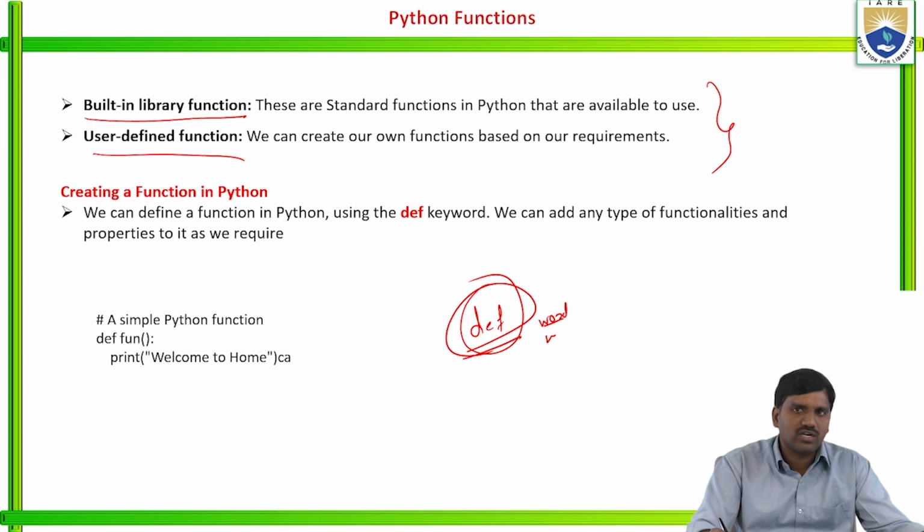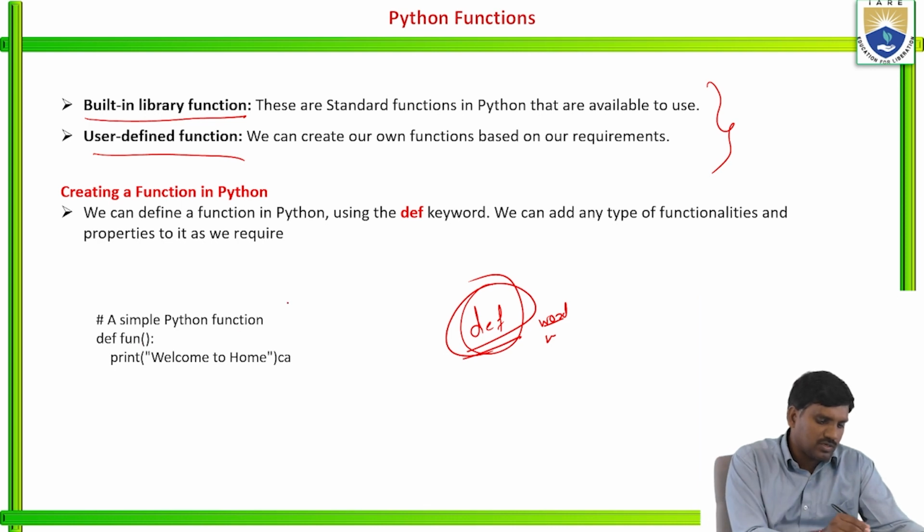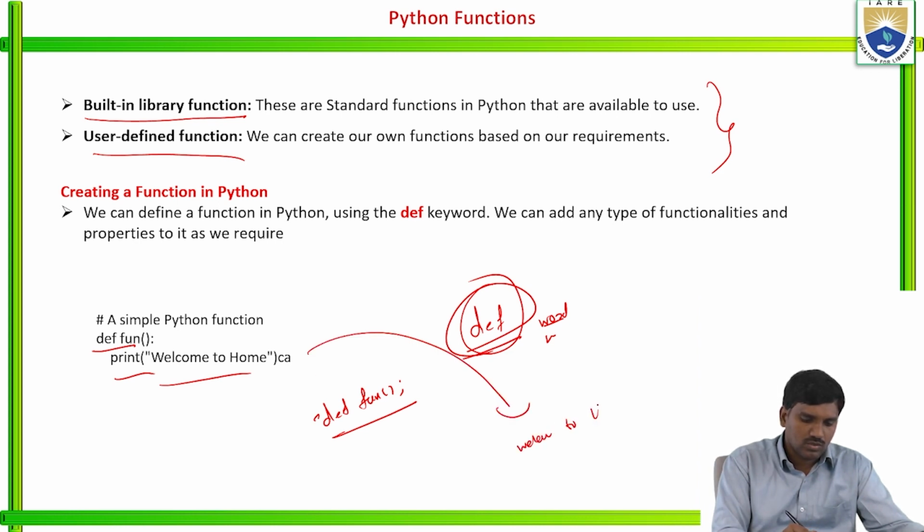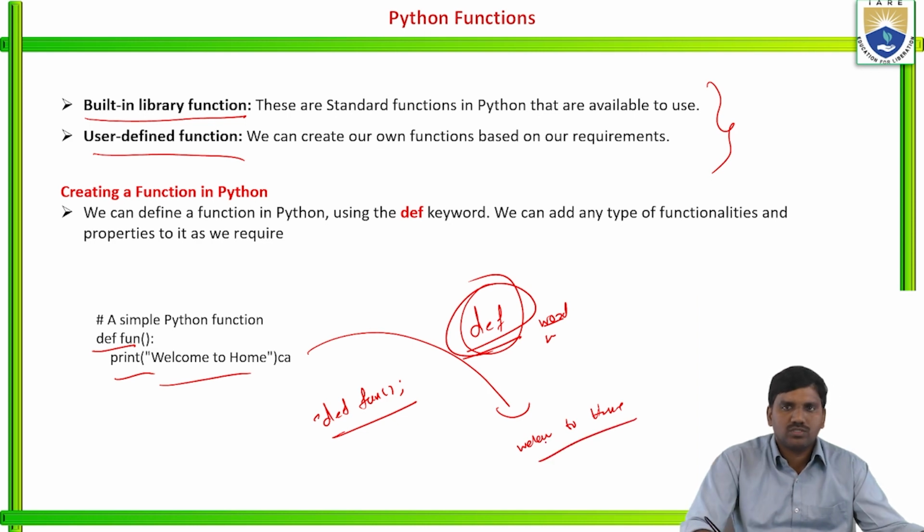The basic keyword to denote a function is def. A simple Python program: def function, brackets, print welcome to home. When you execute it, the output displayed is welcome to home. So this is the basic way of creating a function in Python.